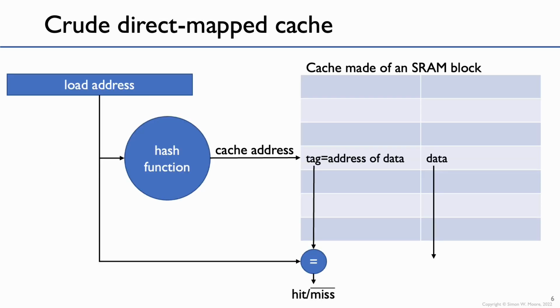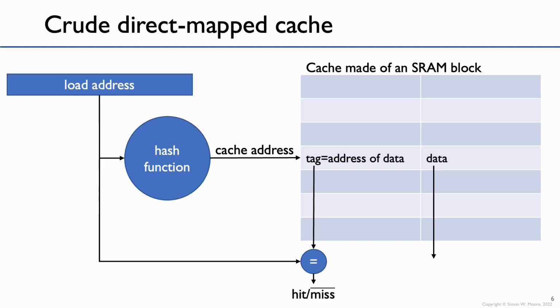Let's look at a very crude, direct mapped cache model. This is probably the simplest cache you can build. Here we've got an address that we're going to load from, and we're going to take some sort of hash of that address to get a cache address. This cache might just be a few kilobytes of SRAM.